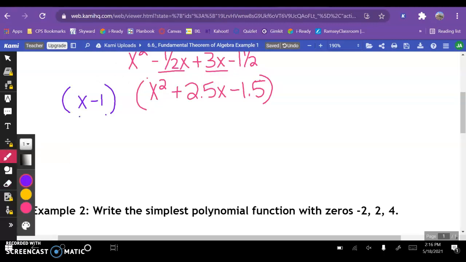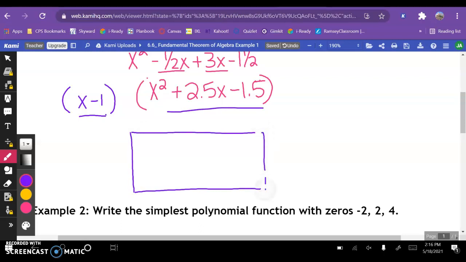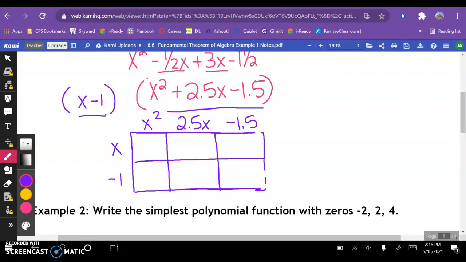So we have a 2 term by a 3 term. So we need to make a box that's 2 terms by 3 terms. And the 2 terms are x and -1. The 3 terms are x squared, 2.5x, and -1.5. And then it's almost like lattice where we multiply.